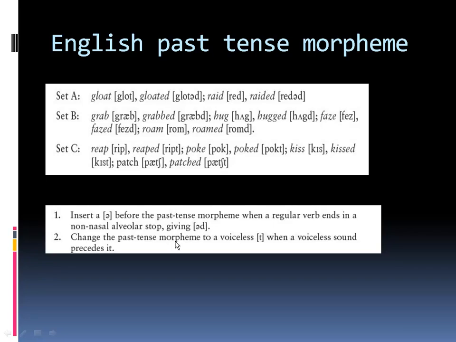So the default value is d, but it becomes t when a voiceless sound precedes it. That kind of makes sense. T is voiceless, and so that comes after a voiceless sound, as in poked, kissed, right? Okay.